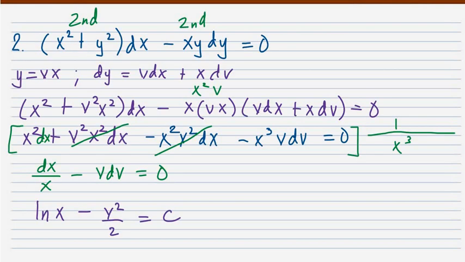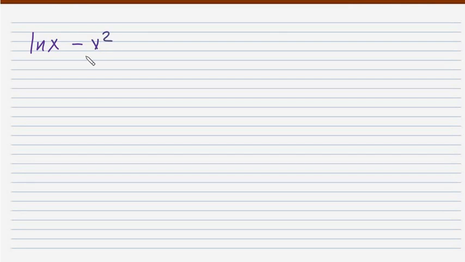Let's try to simplify our answer, which is ln x minus v squared over 2 is equal to c. Let's multiply by 2, as I have done, to eliminate the fraction. So this will now be 2 ln x minus v squared is equal to c.